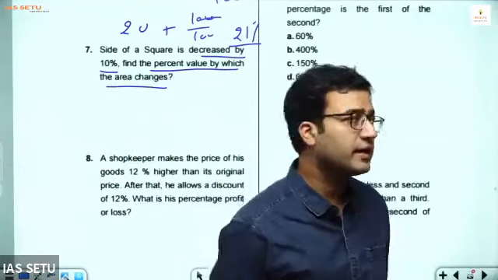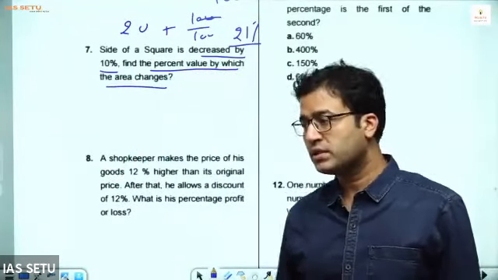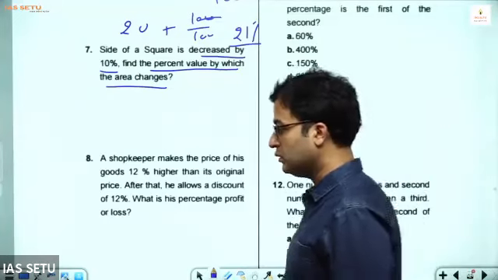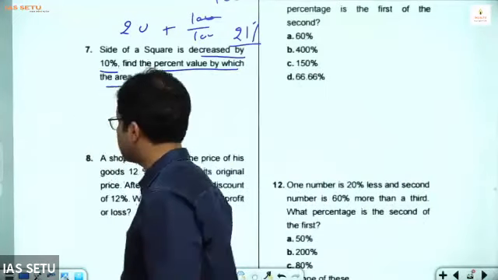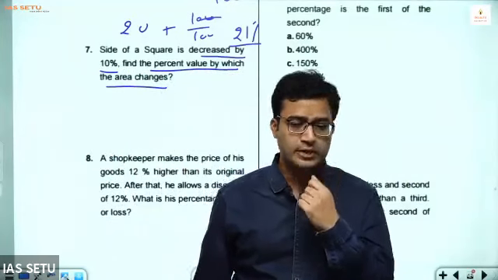Some students give answer like 21% decrease. See, better you apply the formula. Okay, 19% decrease. And I tell you one or two concepts for category 1 students.